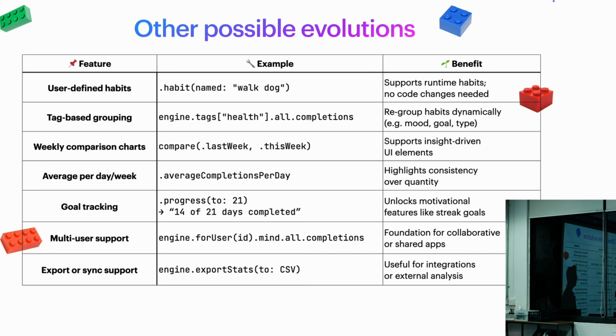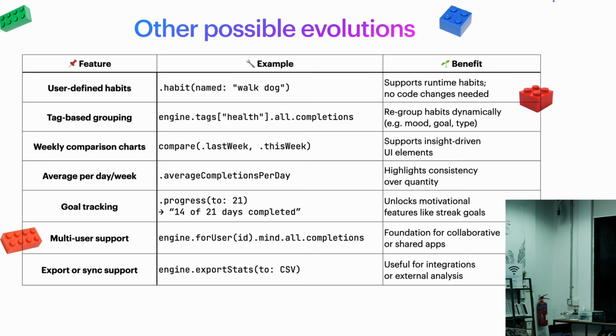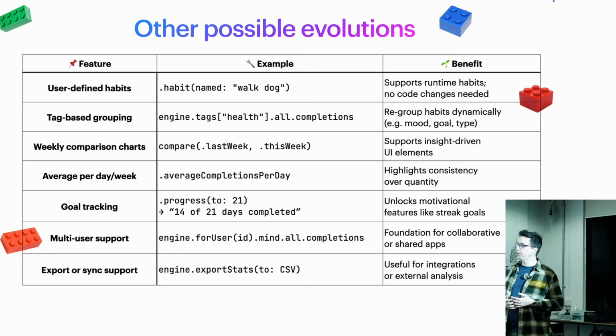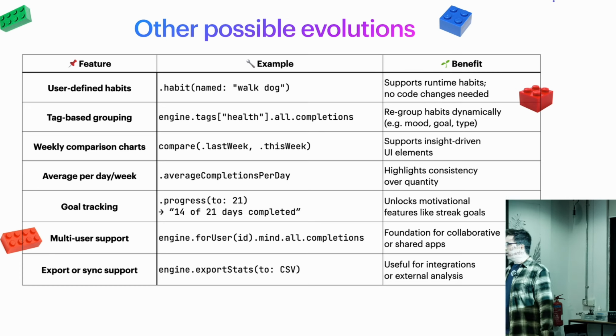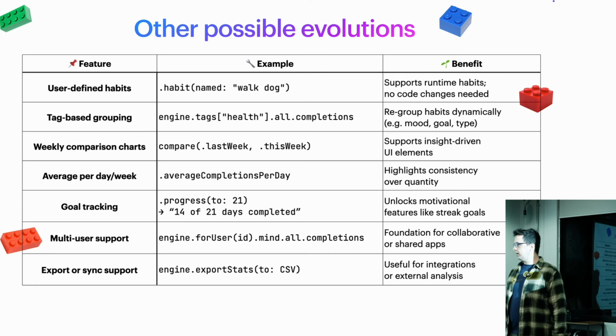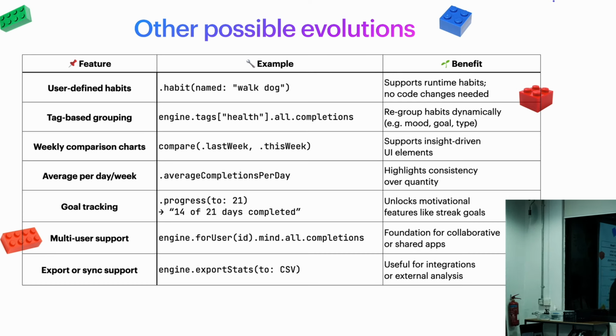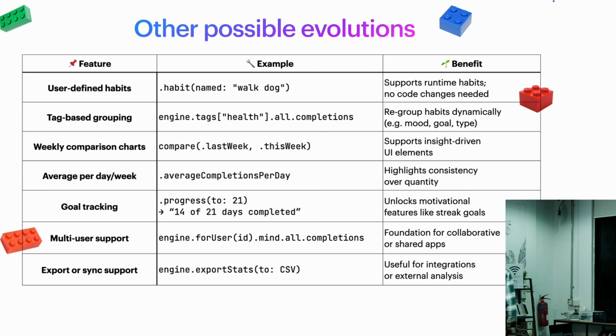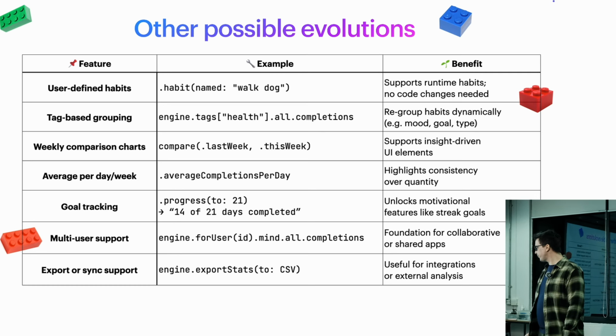We could have done user-defined habits by using strings, so the user can create their own habits rather than depending on whatever enum we have in the code. We could have done grouping based on tags to have more flexibility in the way we group the data, etc., etc. One interesting thing we could have done is to export the stats by adding an export method to our engine.